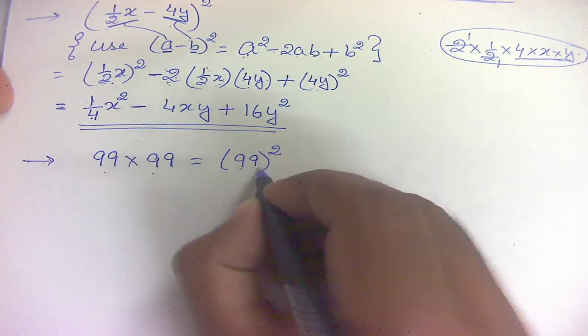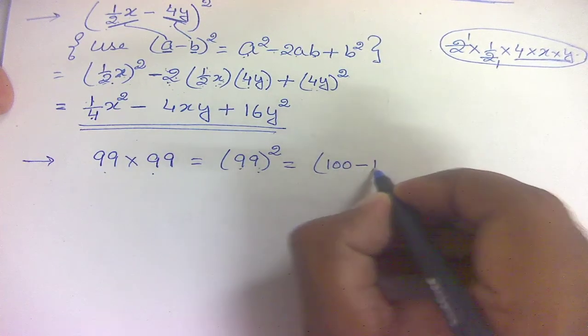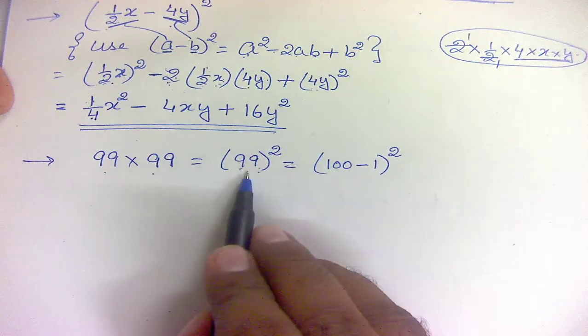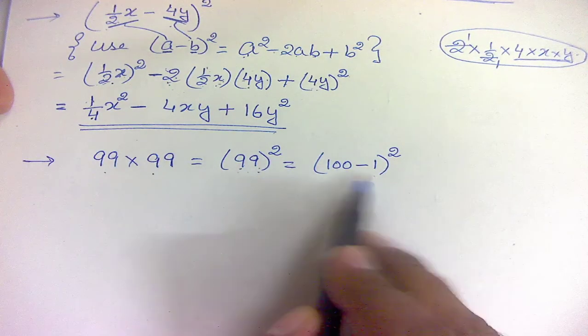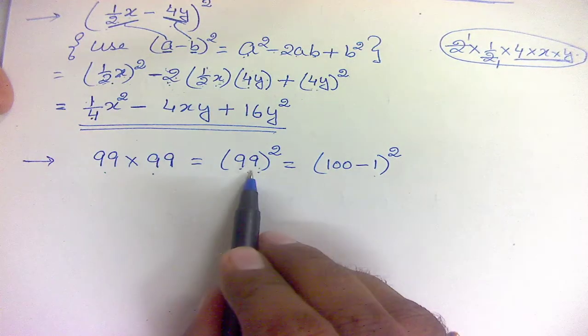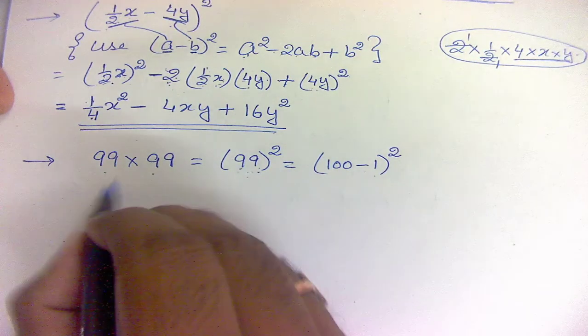Now this 99, you can write it as (100 minus 1) whole squared. 99 is 100 minus 1. So what we do, we replace 99 with 100 minus 1 and then you have the whole square of it.